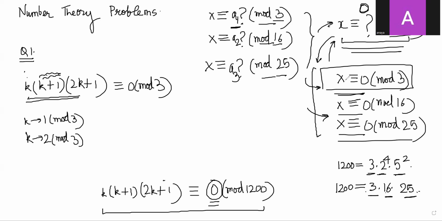I'm saying if we knew that it was 0 mod 3, 0 mod 16, 0 mod 25, then obviously we can check whether it comes out to be 0 mod 1200. If that is true, then perhaps we can do the converse as well. Right now we know that it is 0 mod 1200. We have to figure out whether it is 0 mod 3, 0 mod 16, and 0 mod 25.